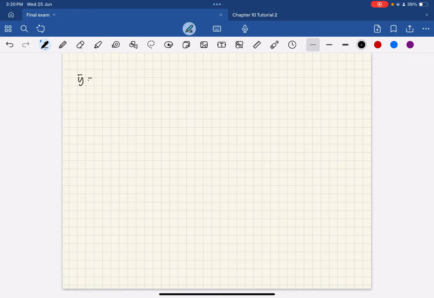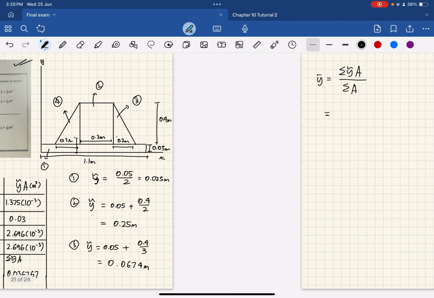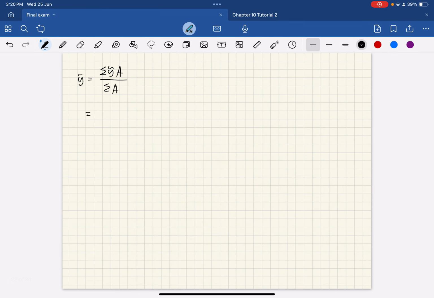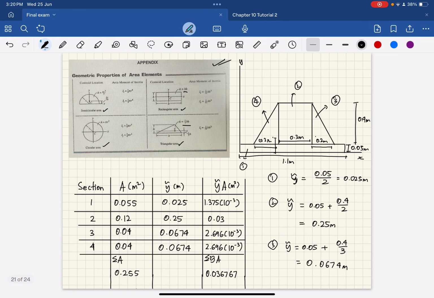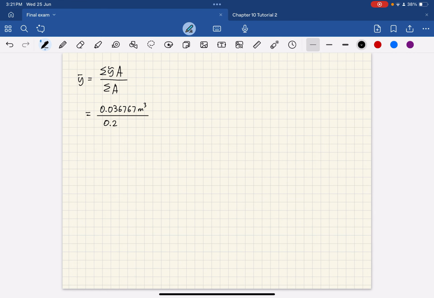So y bar is equivalent to summation of y tilde A over summation of A, which is 0.0367 over 0.255 meters squared, 0.1441.